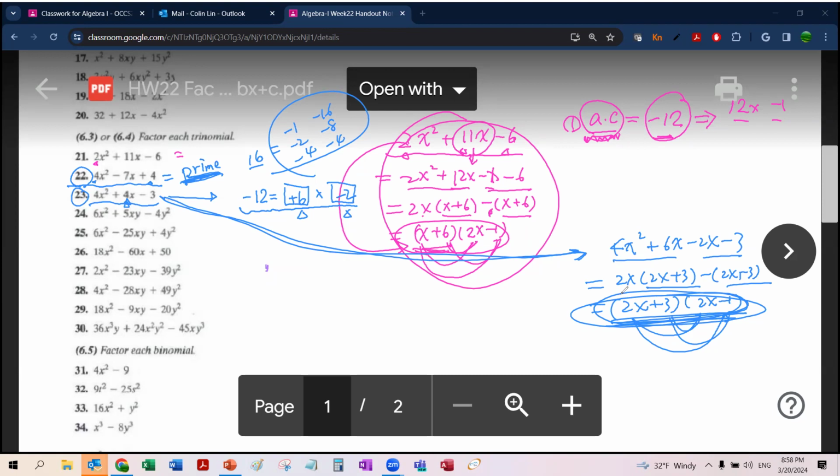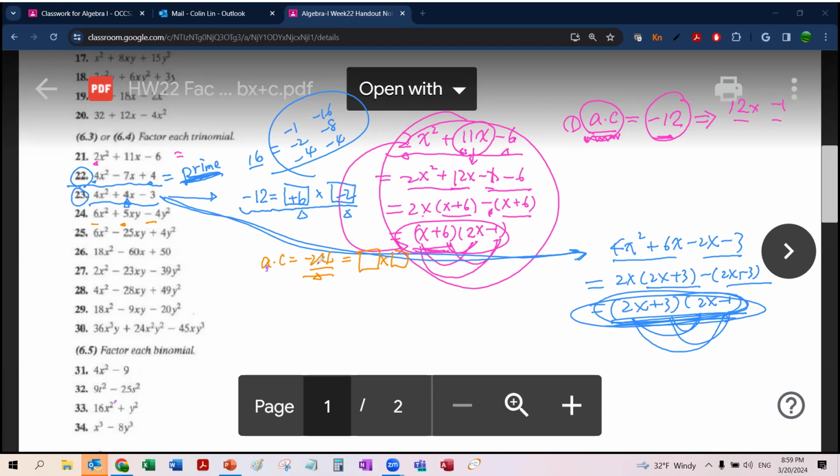All right, see 24 now. We need a times c here. A times c became what? Became -24. So we need to break down -24 and find factors whose sum is +5. Can you guys find the two factors that the sum of them will be +5? Use your smart brain.